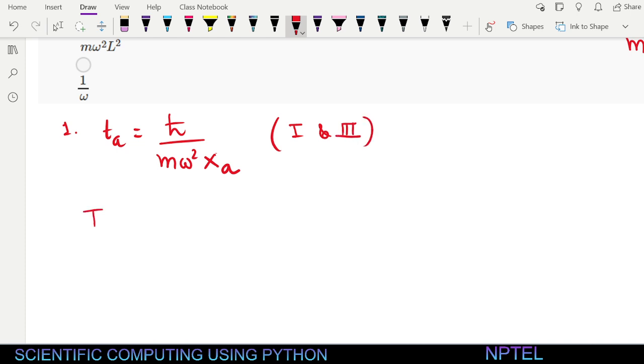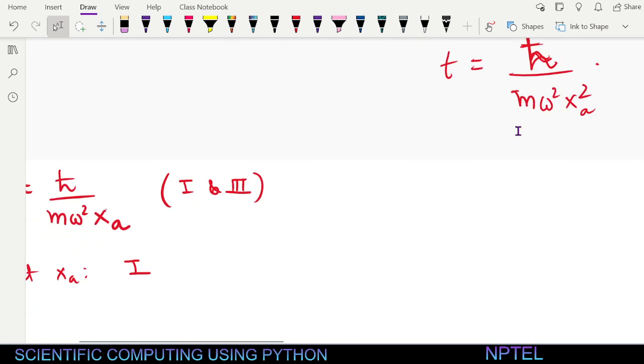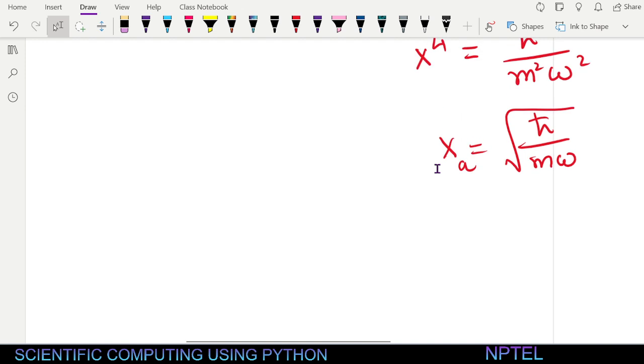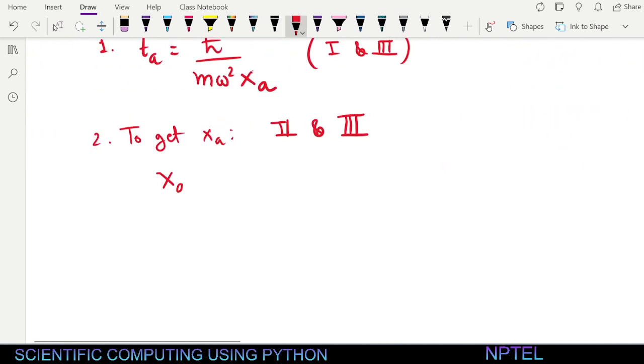Now to get x, we compared 2 and 3, and the expression that we got was the square root of h by m omega. So xa is the square root of h by m omega.